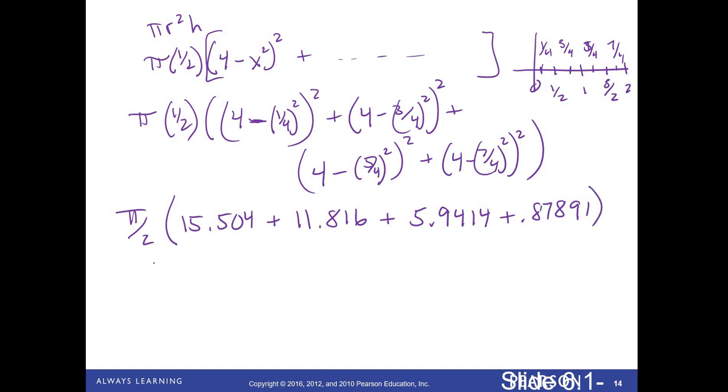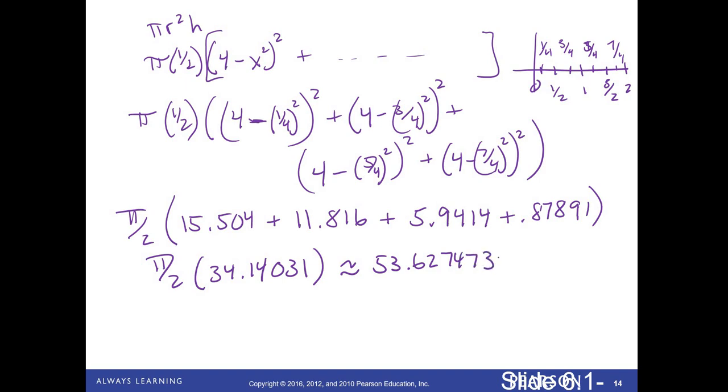Adding all that together, I get pi over 2 times 34.14031, which is approximately 53.627. Might as well write them all down for now.